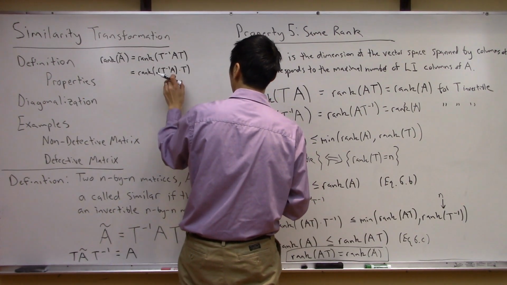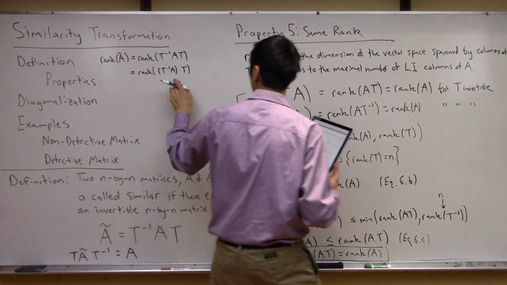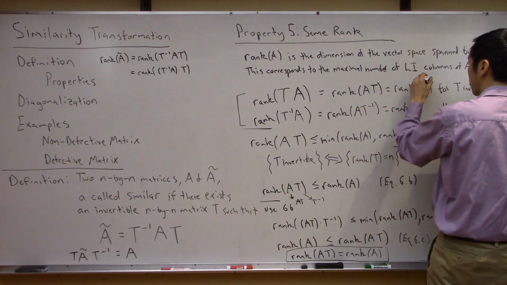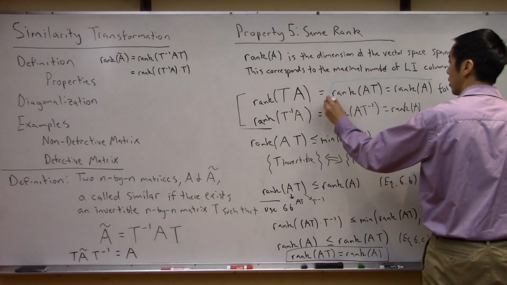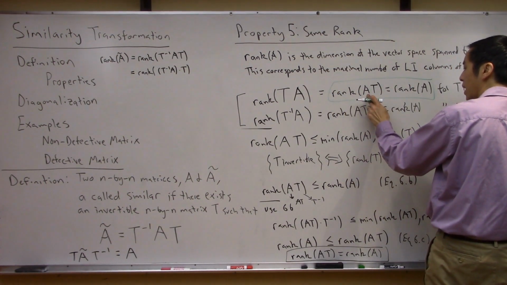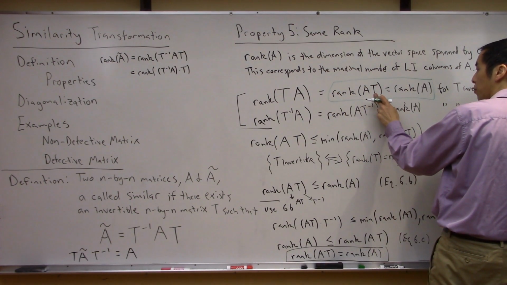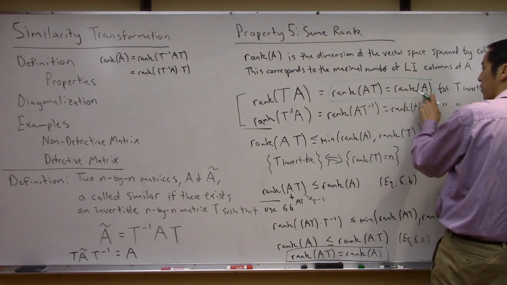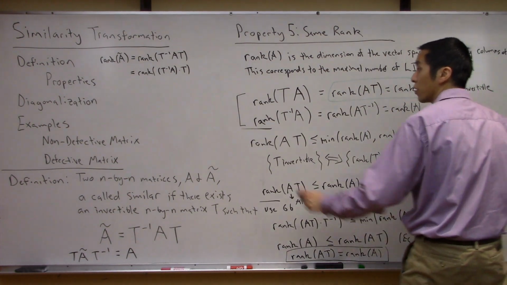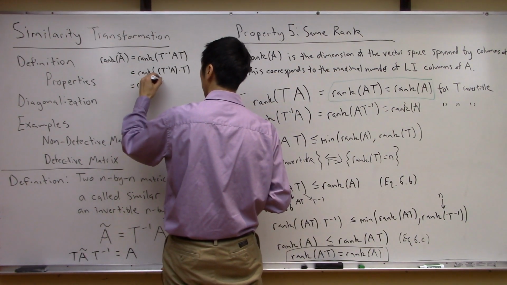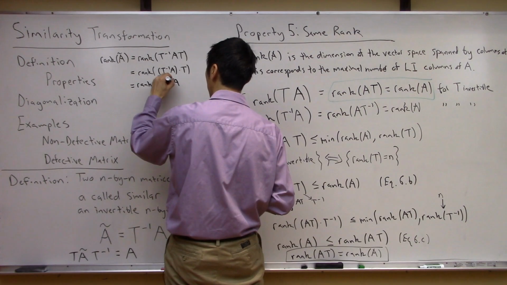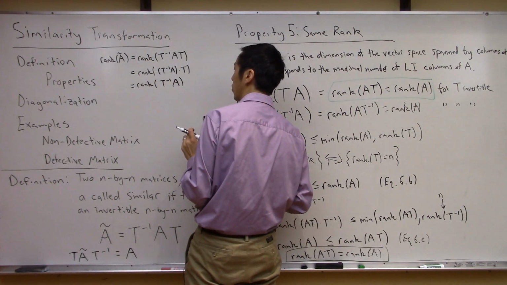Let me circle this in green: the rank of some matrix times an invertible full rank T is the rank of that original matrix. So this can be written as the rank of just T inverse A, the matrix in parentheses.